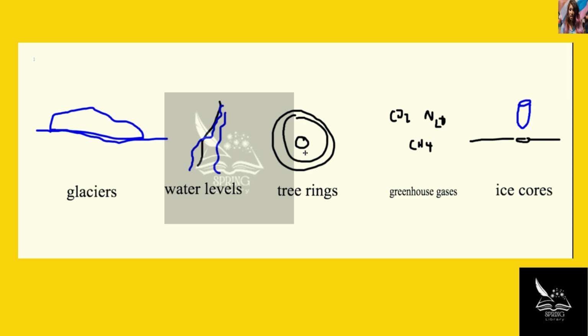Tree rings can also be used to look deep into the past, depending on the age of the tree, obviously, to mark variations in temperature over the decades that this tree has existed, or centuries even. This is another thing that's a mix.